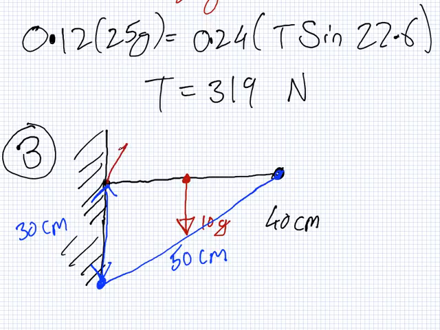I don't know, I'll call that one S or something. And the other, the wall. Now the question is, which way to draw it? Should I draw it straight up? At an angle? What do you think?